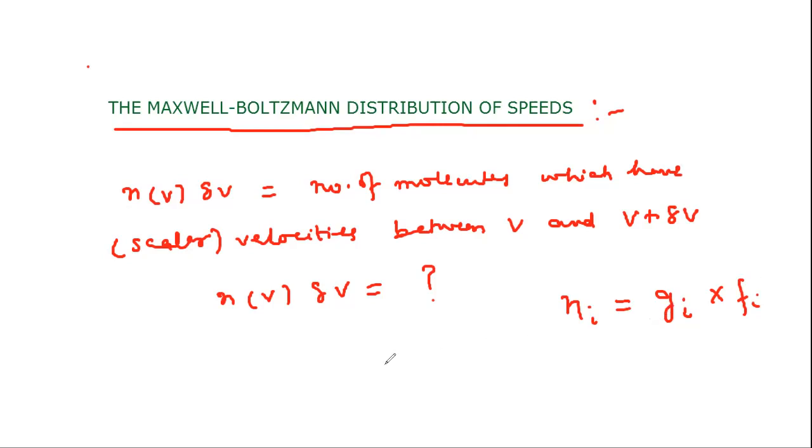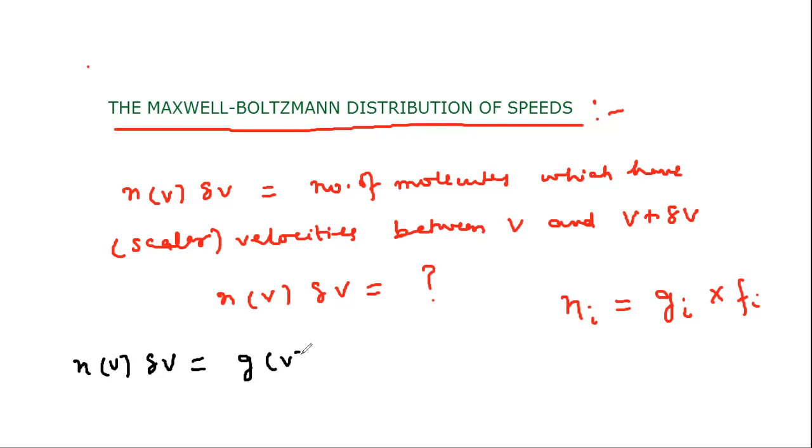we have to write the corresponding density of states function. So let me first write the expression. From this equation, Ni is equal to Gi Fi, this guides us easily. So N of v delta v, we have to first write the expression for the density of states.